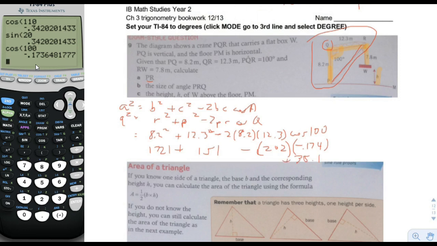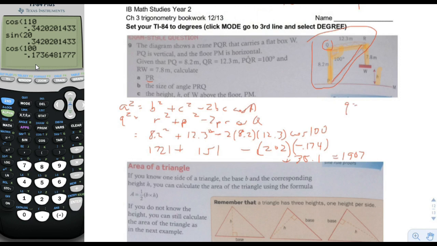And we're adding that because the two negatives make a positive. So the total is 1907. That's Q squared. So what's Q?